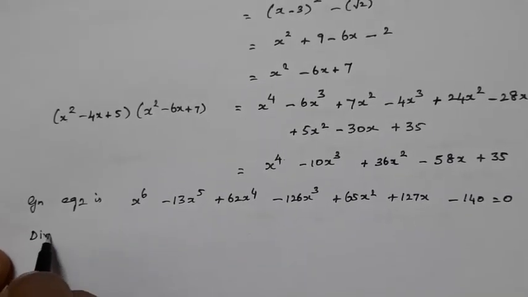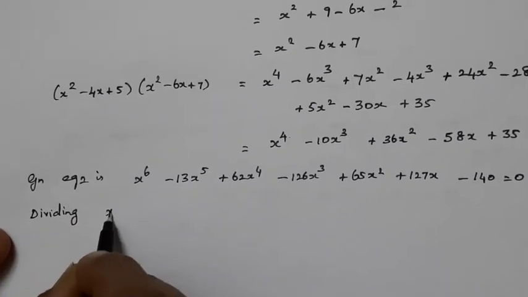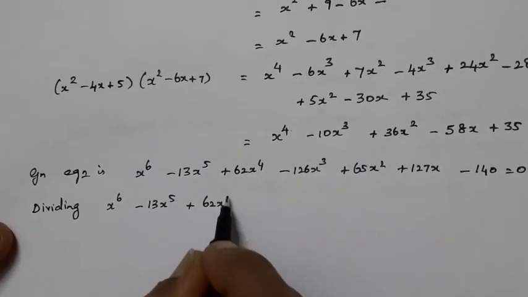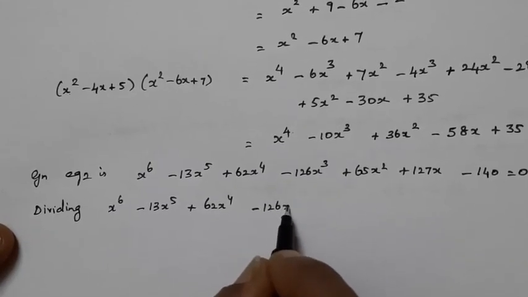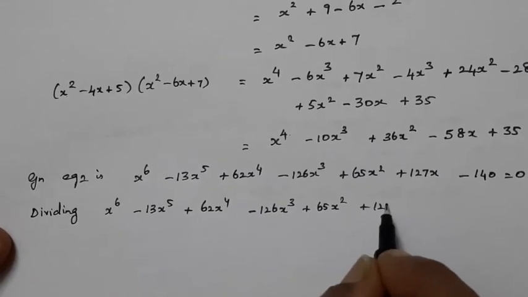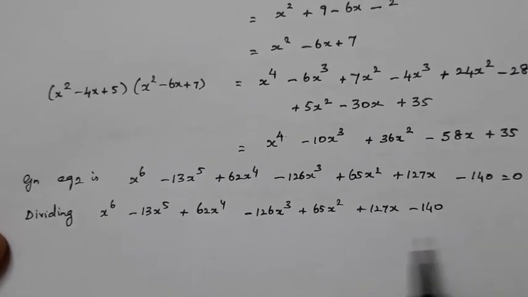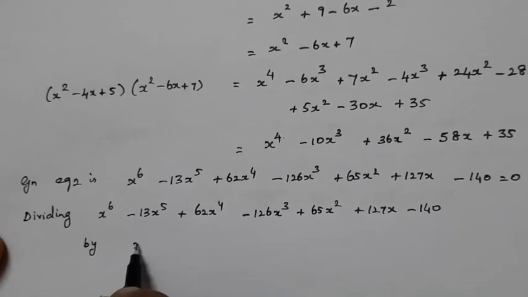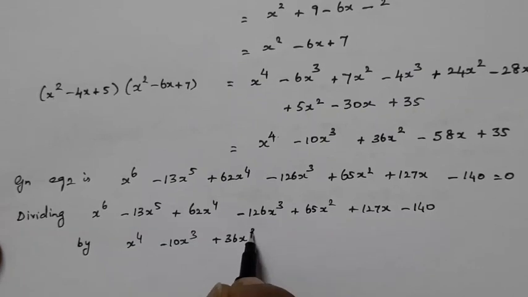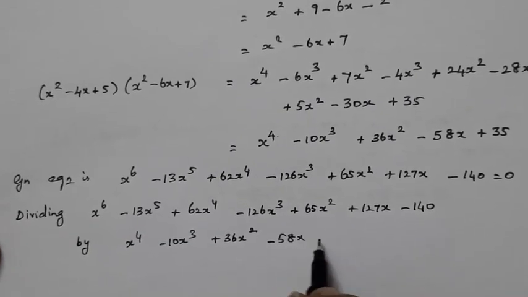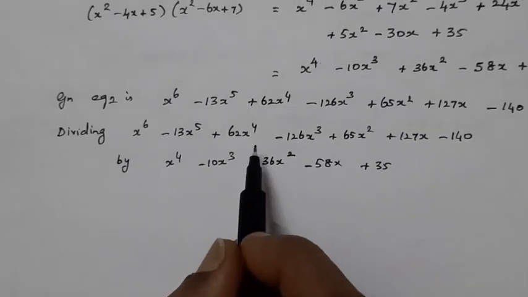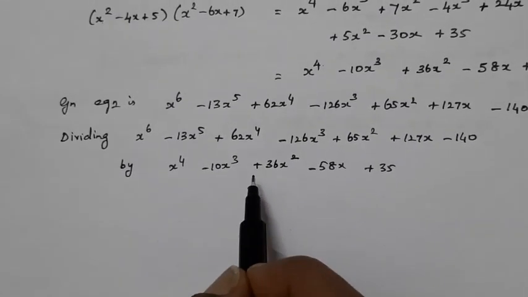So dividing x^6 - 13x^5 + 62x^4 - 126x^3 + 65x^2 + 127x - 140 by x^4 - 10x^3 + 36x^2 - 58x + 35, we will get the other factor. So let us divide this by long division method.